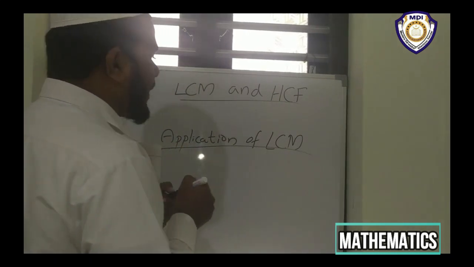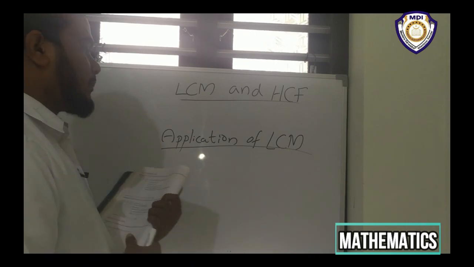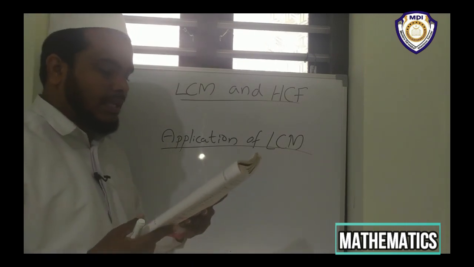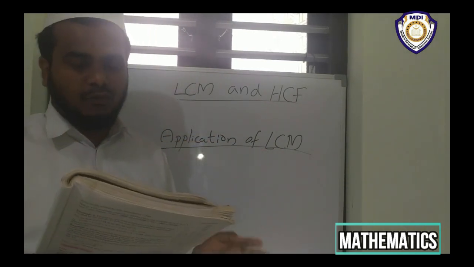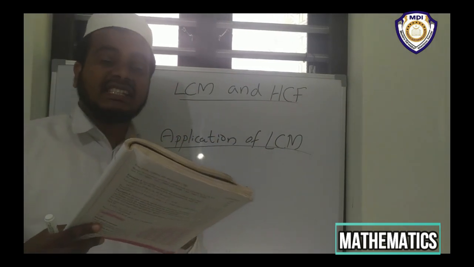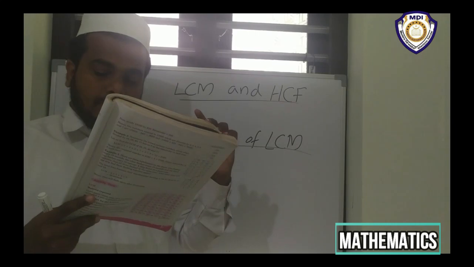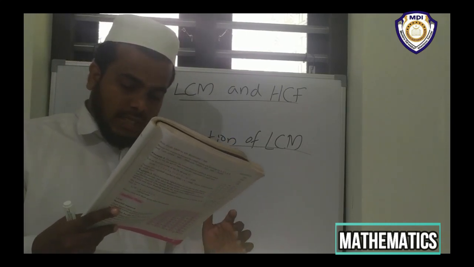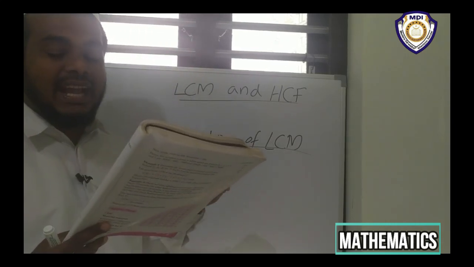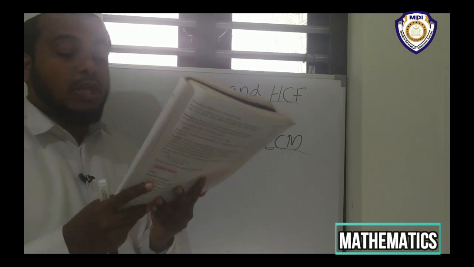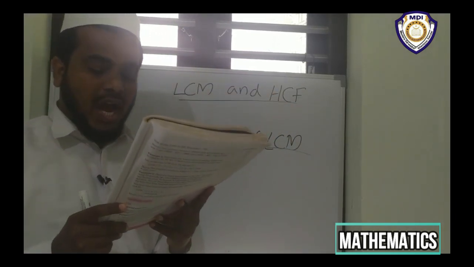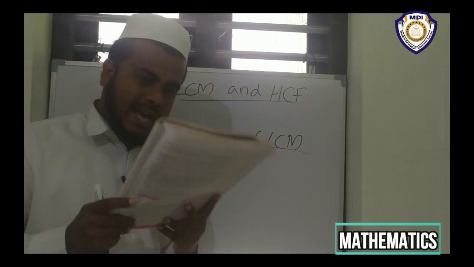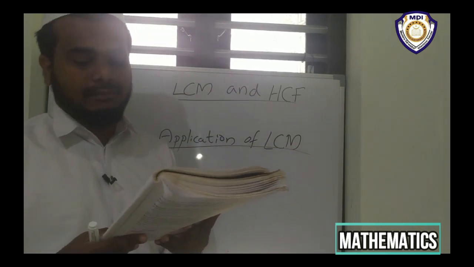Yes, applications of LCM. First example: find two numbers nearest to 10,000 which are exactly divisible by 2, 3, 4, 5, 6 and 7.